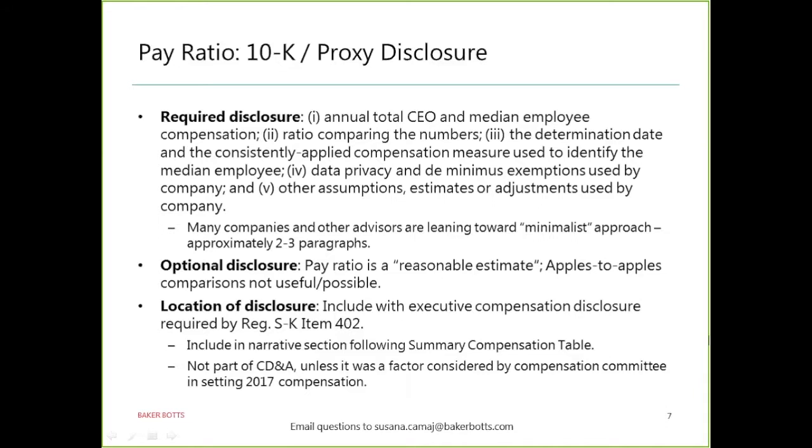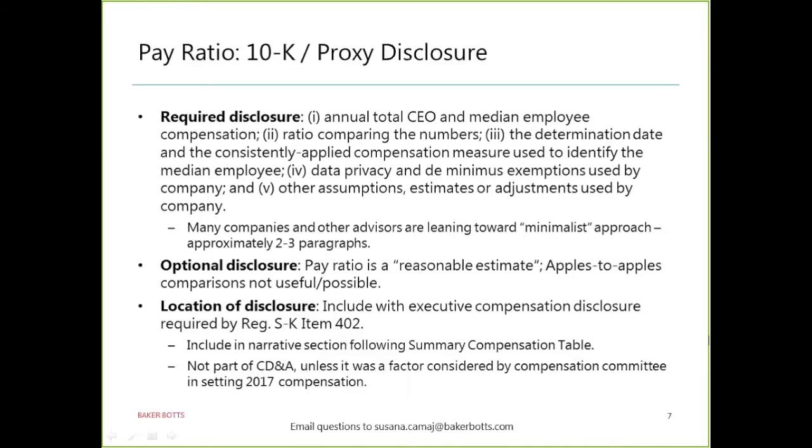And so the next step would be to think, okay, well, if we're going to include optional disclosure, what can we include? Should we provide a supplemental ratio that maybe compares the CEO's total comp to that of the other named executive officers, or maybe to the executive officers as a group?